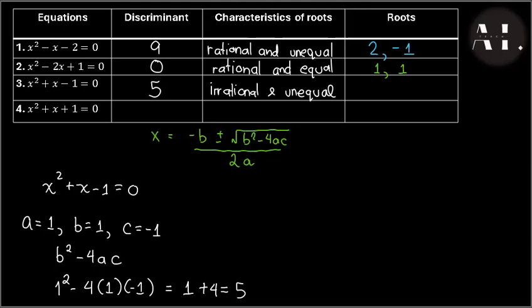Let us find the roots using the quadratic formula. The discriminant is 5, so substitute that as b squared minus 4ac in our quadratic formula.